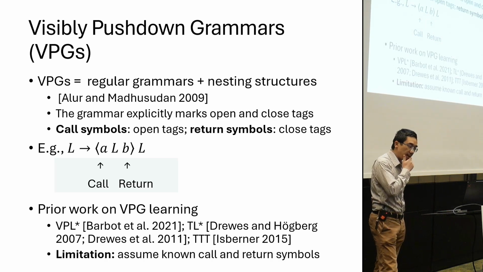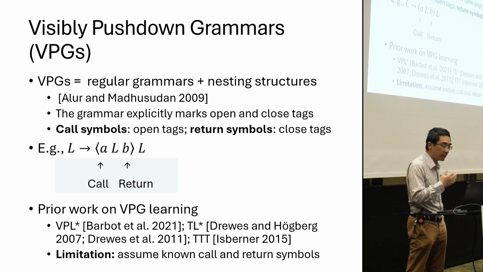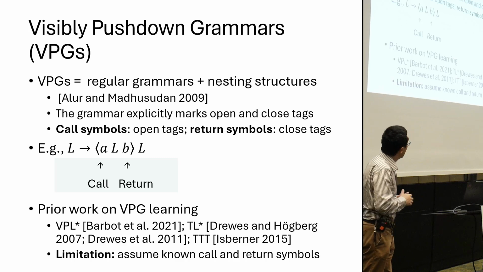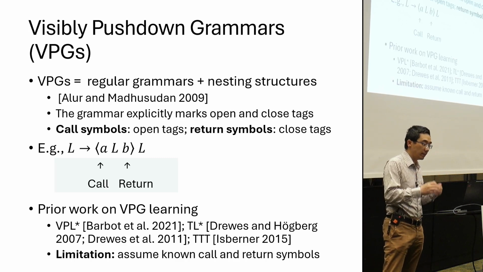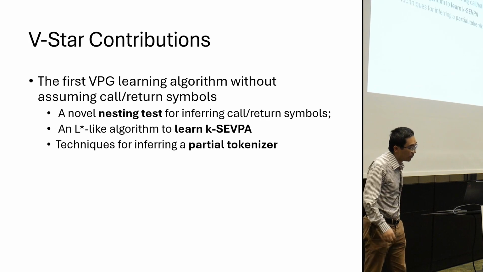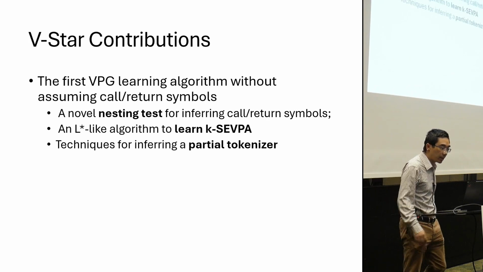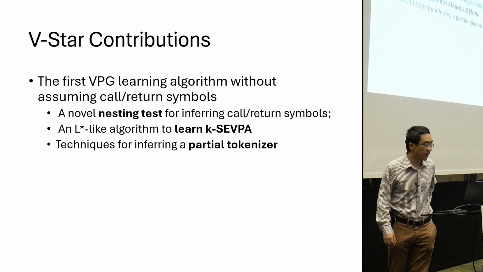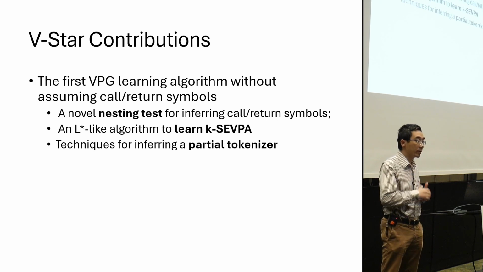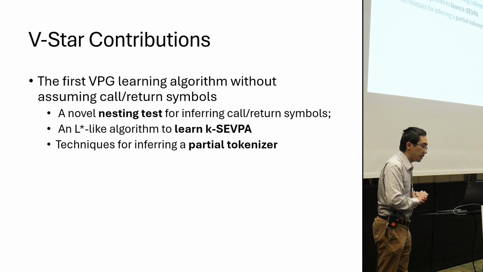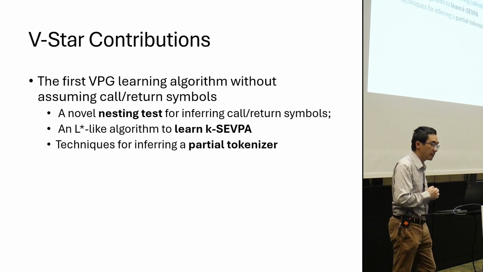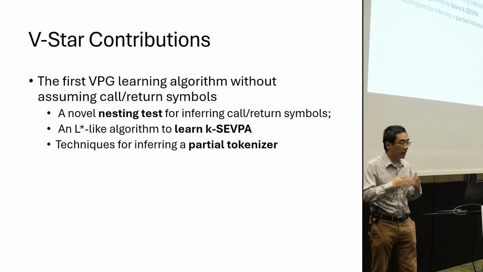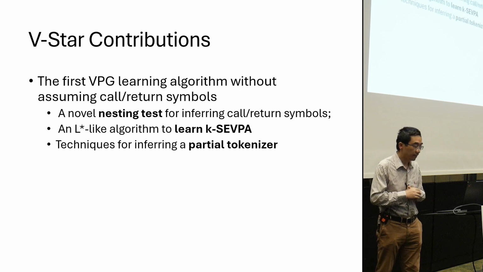I also note there is some prior work on learning VPGs. However, the limitation is they assume call and return symbols are known ahead of time. Our work, called V-Star, is the first VPG learning algorithm that does not assume known call and return symbols. We propose a nesting test for inferring call and return symbols. On top of that, we develop an L-star style algorithm to learn a special kind of visibly pushdown automata.